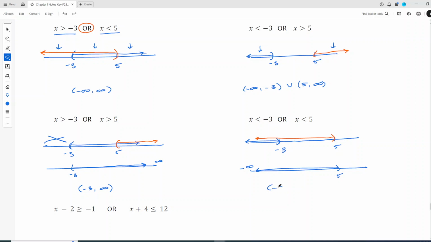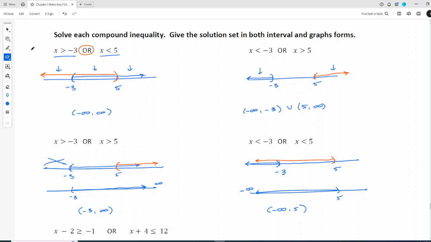So my interval notation will be -infinity to 5. Awesome. So those are your 4 scenarios. So again, scenario 1, where the arrows overlap and keep passing each other, then the answer is everything. When the arrows go away from each other, it's both of those two sections with the or symbol in between. When they overlap in the same direction, always go from the smaller number when it's going greater and from the larger number when it's going less.